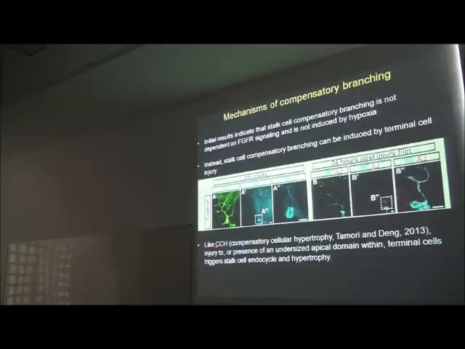And similar to the compensatory cellular hypertrophy described in the ovarian follicle system, either injury or the presence of mutations that cause an undersized apical domain within the terminal cells induces an entry into the endocycle and hypertrophy of the neighboring cell. Right, so the terminal cell is mutant, then the neighboring cell compensates by entering the endocycle, growing much larger, and branching.